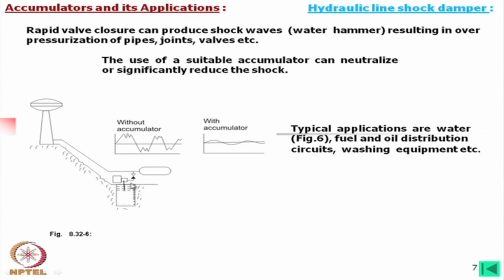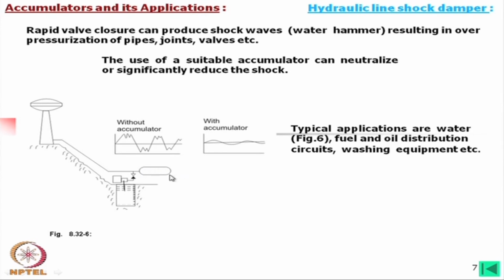Now, if we use an accumulator, then when we close this one, the shock will reduce. Even if the amplitude is not 0, it will be low. So this can be controlled by using this.